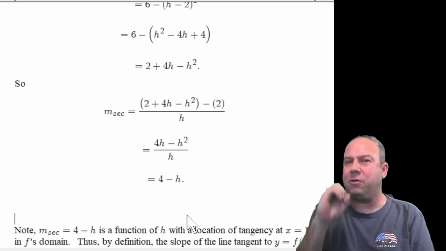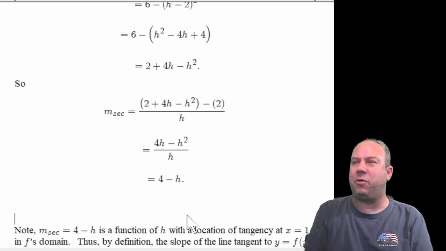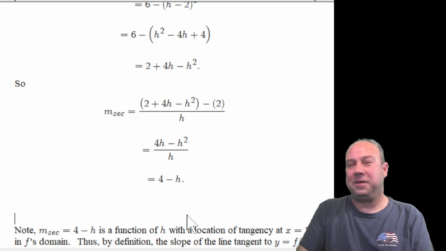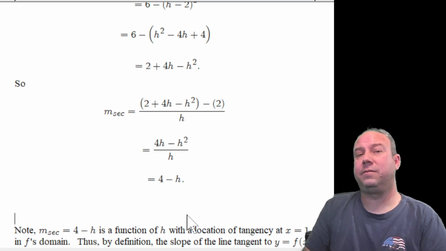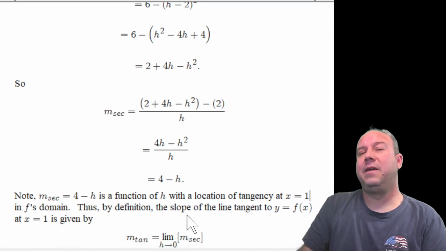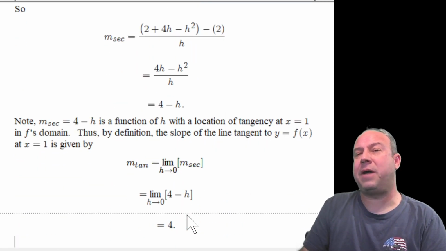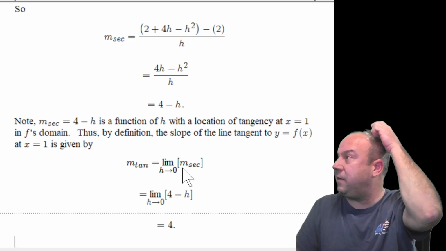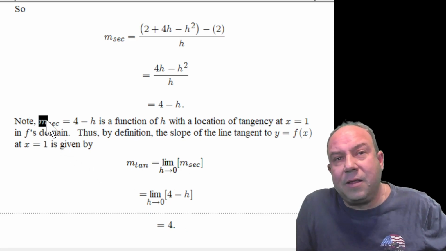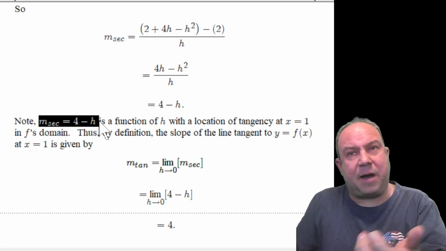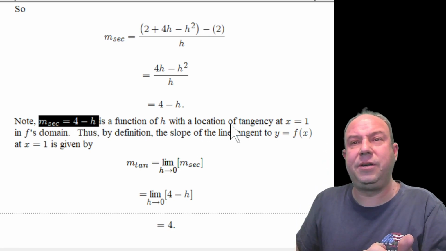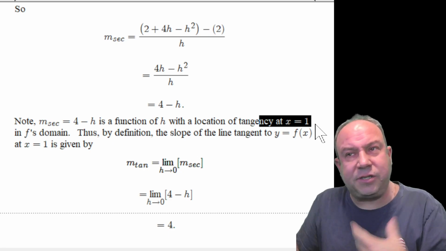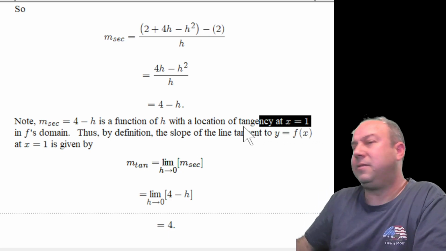If it's 0 units away, you have a slope of what? You can see it's going to be a slope of 4. In fact, that is how we think about the slope of the tangent line. The slope of the secant line function is described by 4 minus h at a location of tangency, that is x equal to 1.